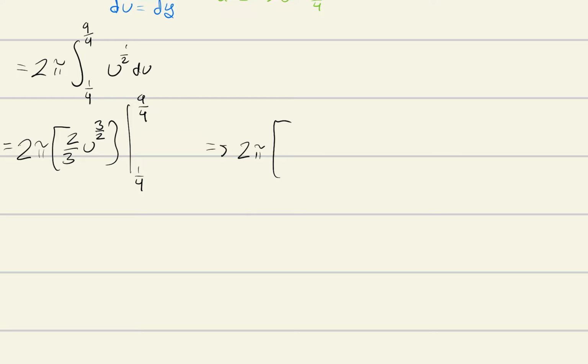And 27 times this 2/3 is 9 over 4. Then we can do minus 1/4 square rooted is 1/2. 1/2 cubed is 1/8. Taking out that 2, it's back to 1/4. And multiplying by the leftover 3 is 1/12.